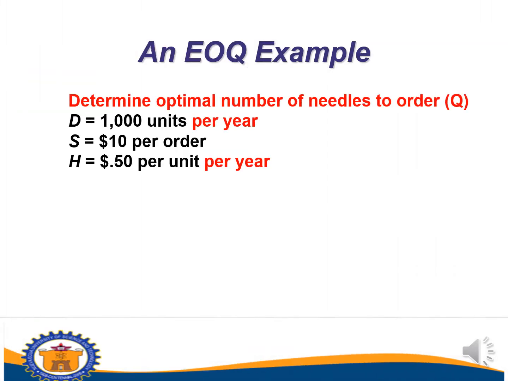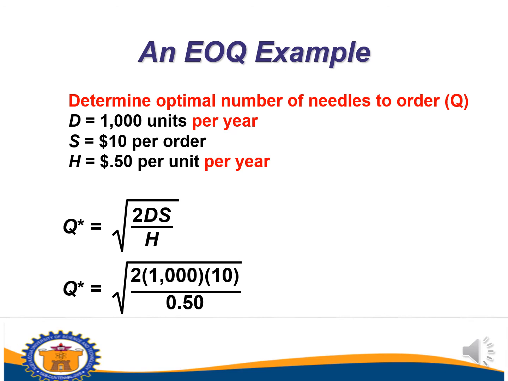We have here an EOQ example. The given data: order quantity is 1,000 units per year, the setup cost per order is $10, and the holding cost per unit per year is $0.50.